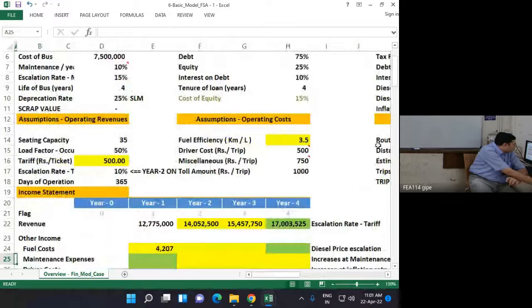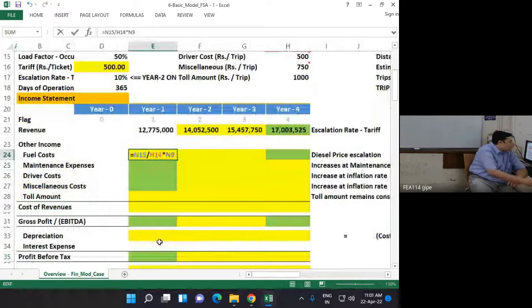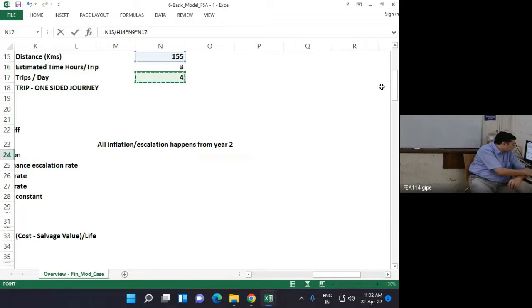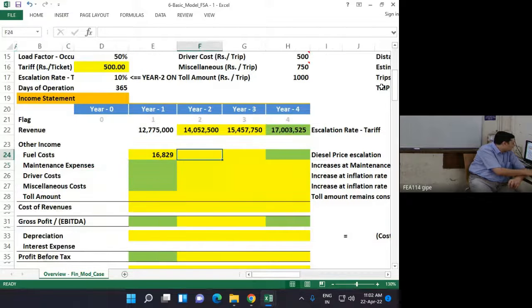So my diesel cost for one trip is 4207. For a trip, my cost is coming out to around 4200. Into number of trips per day, that will give me the diesel cost for 1 day. That comes out to 16,829.